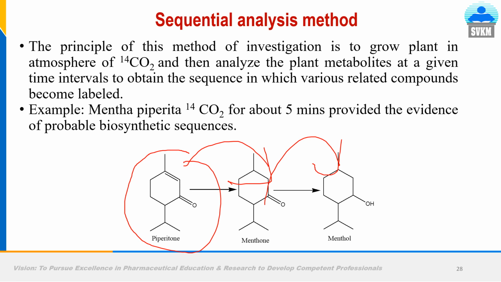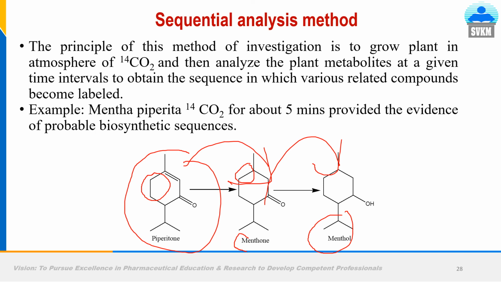If one of the carbon atoms is replaced by radiolabeled carbon, and it gives menthone, and menthone also shows radioactivity, it means menthone has the radioactive carbon which has come from the piperitone. Similarly, menthol is also giving radioactivity. It means menthol is possible because of menthone, which in turn is possible because of piperitone.